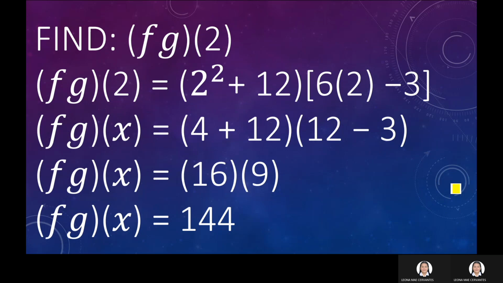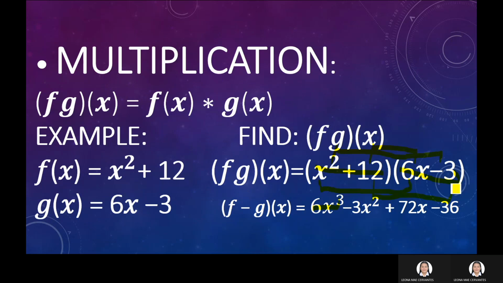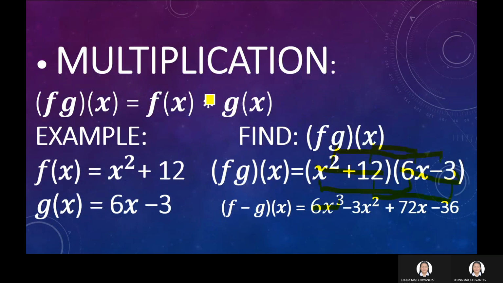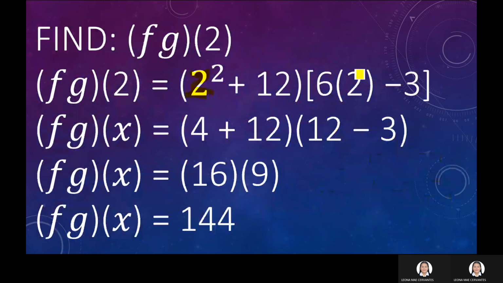Okay, so if x is equal to 2, then we have x squared plus 12, so 2 squared plus 12, and 6x minus 3, so 6 times 2 minus 3. 2 squared is equal to 4 plus 12. 6 times 2 is equal to 12 minus 3. 4 plus 12 is equal to 16. 12 minus 3 is equal to 9.